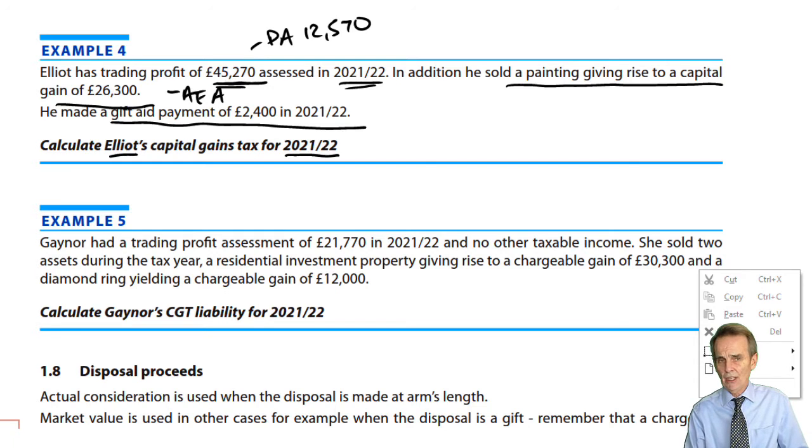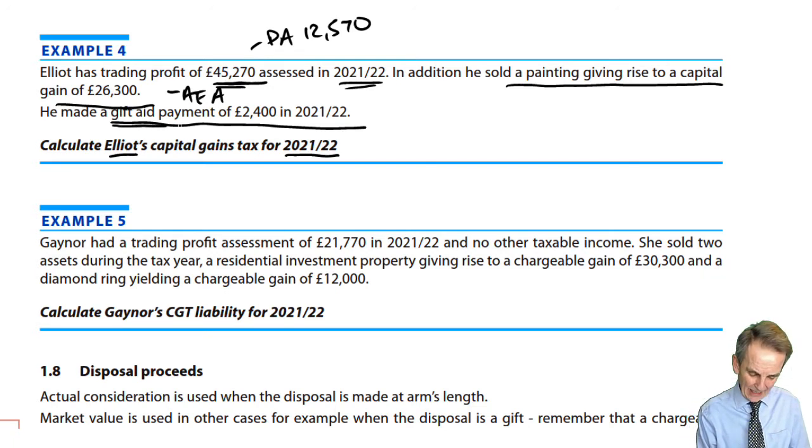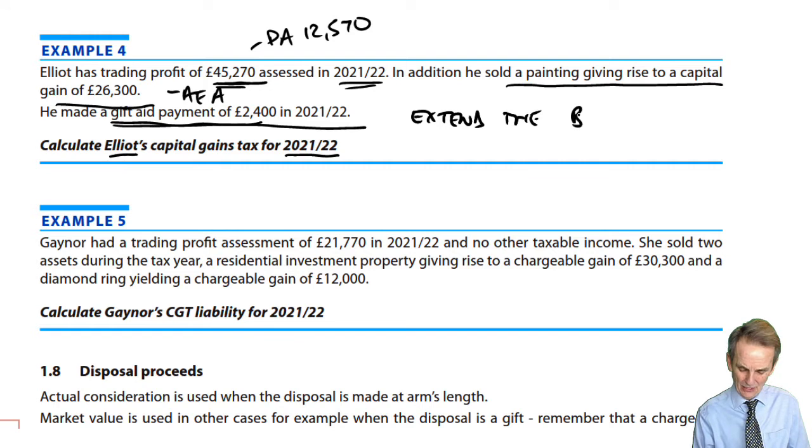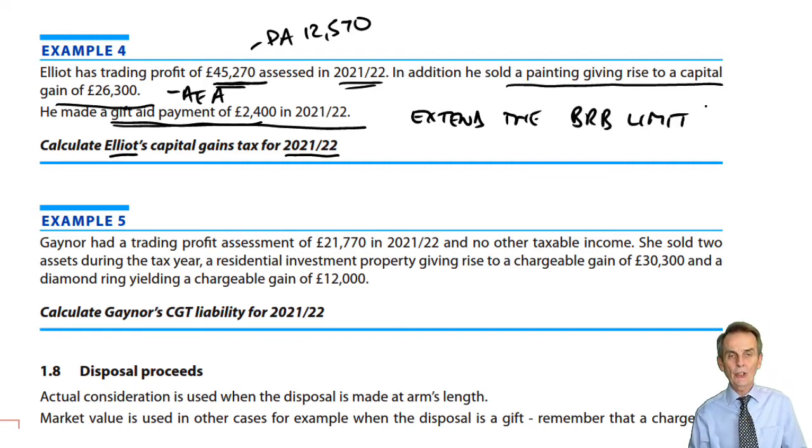We wouldn't have exceeded the basic rate band limit. We know that when we get gift aid payments, we extend that basic rate band limit. And what do we extend it by? The gross amount of the gift aid payment.